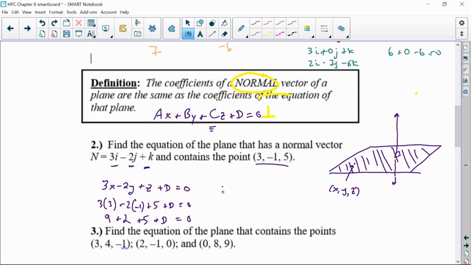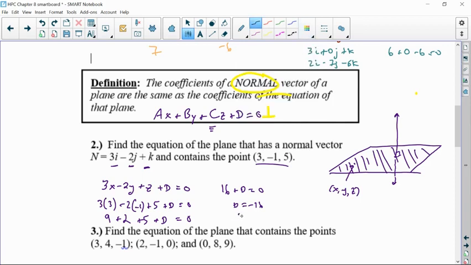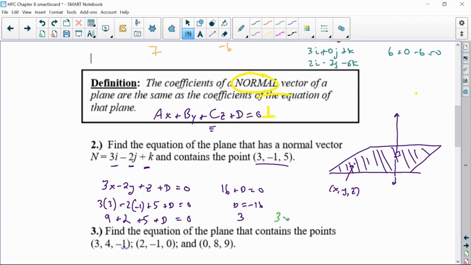So 16 plus d equals 0, which means d is -16. To answer the question, the equation of the plane, you go back and say 3x minus 2y plus z, and now I know my d value, -16 equals 0.